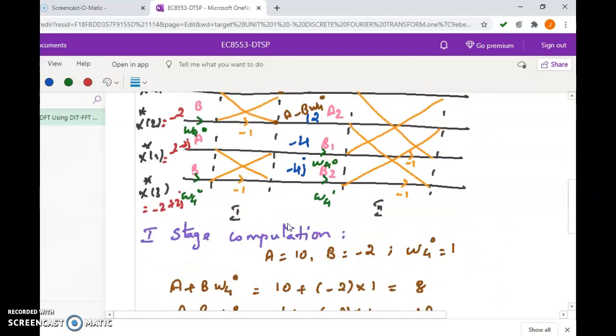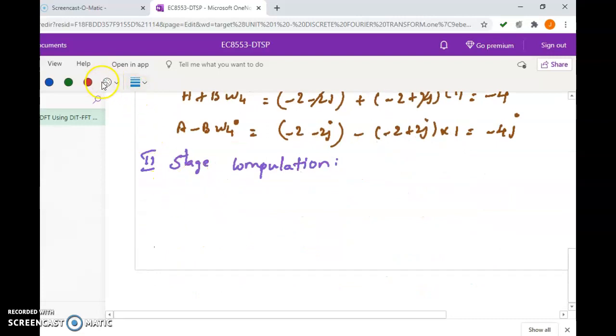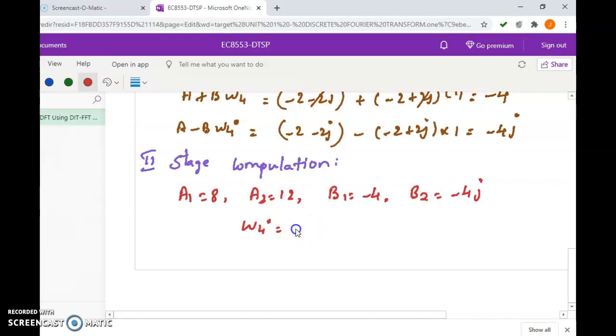So A1 is 8, A2 equal to 12, then B1 equal to -4, then B2 equal to -4j, then twiddle factor W40 is equal to 1 and W41 equal to -j.